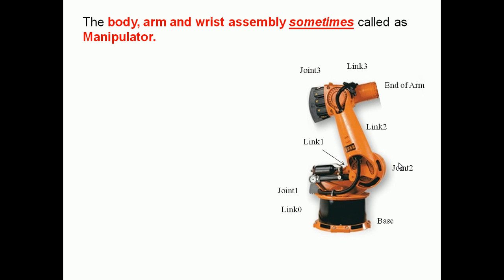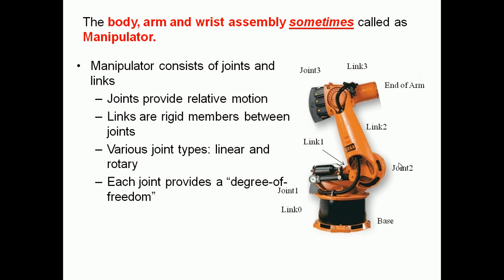As we have seen in the class, the body, arm and wrist assembly is sometimes called the manipulator. The manipulator consists of joints and links. Joints provide the relative motion. Links are rigid members between joints.